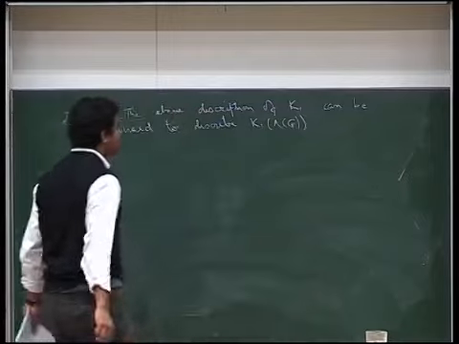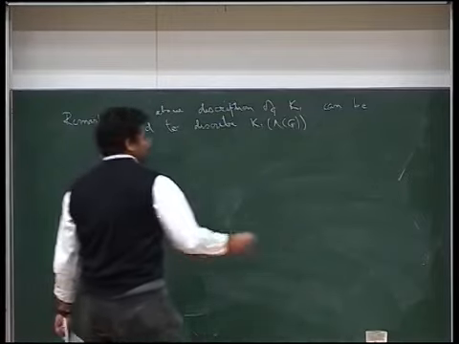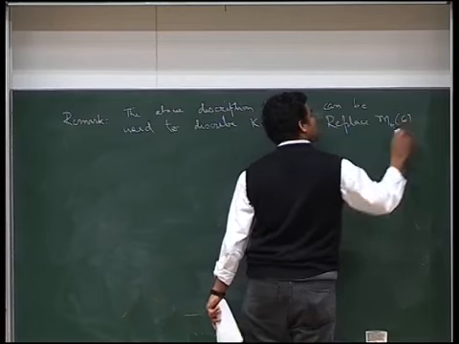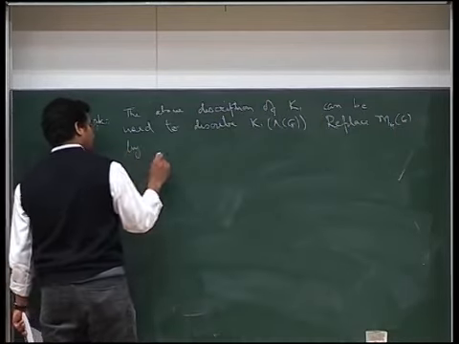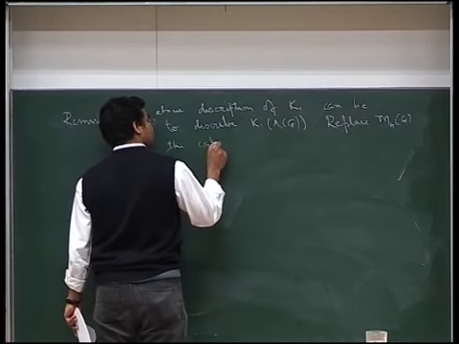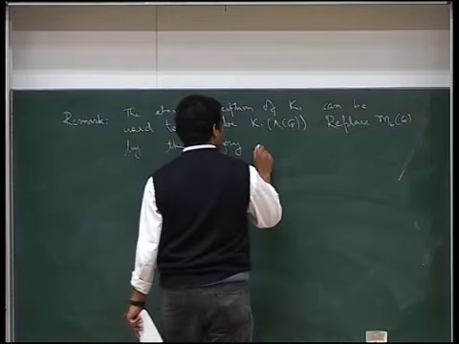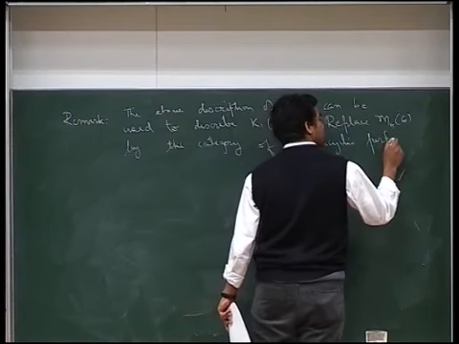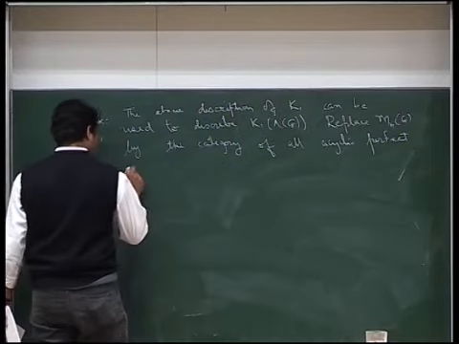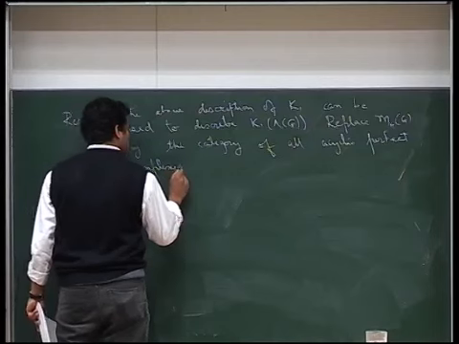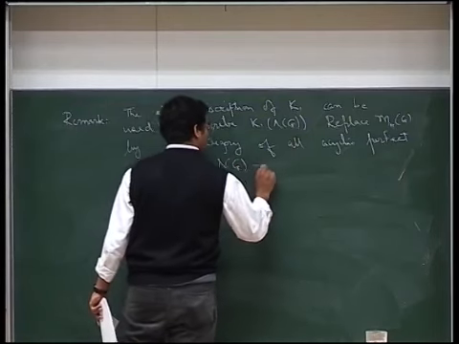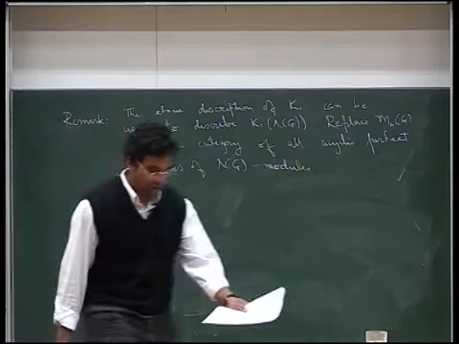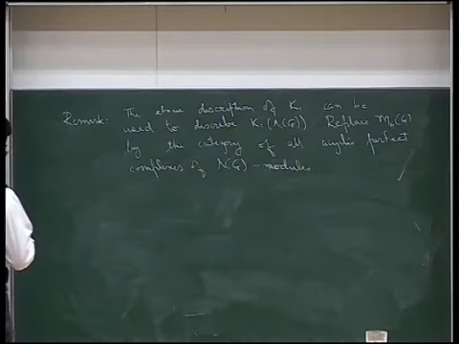So instead of taking the category MH of G, replace MH of G by the category of all acyclic perfect complexes of lambda G modules. So basically, instead of using the set S, I'm just not taking S2. I'm just taking S to be all the units, something like that.